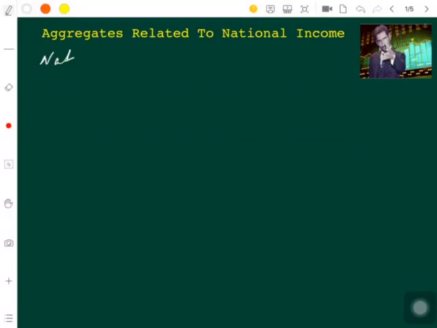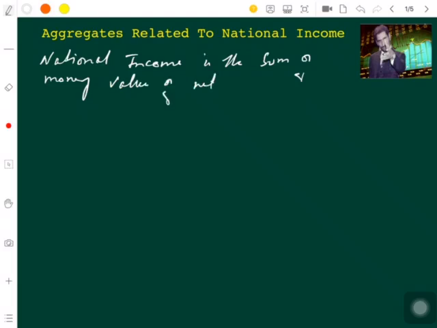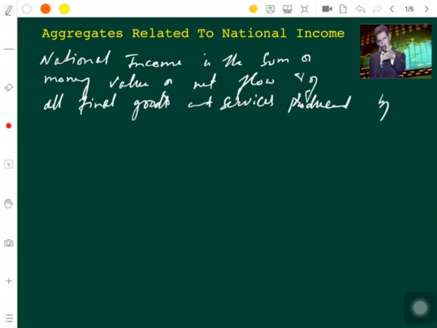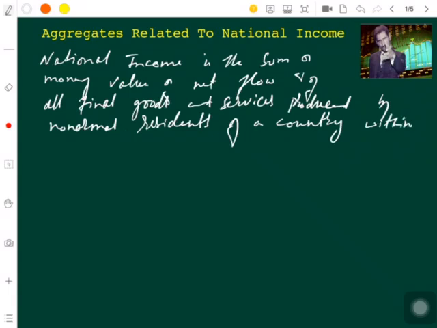So national income, I am repeating it, is the sum of money value of net flow of all final goods and services produced by normal residents of a country, within and outside.